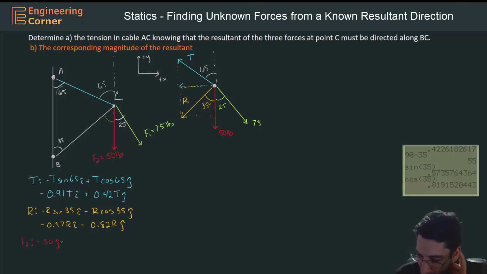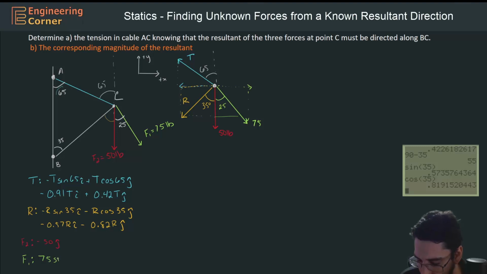And my force F1, well, we just do the exact same thing. So it's going to be equal to, well, when we look at this, it's going to be positive x, minus y. So we'll have 75. Again, the sine goes with the x.